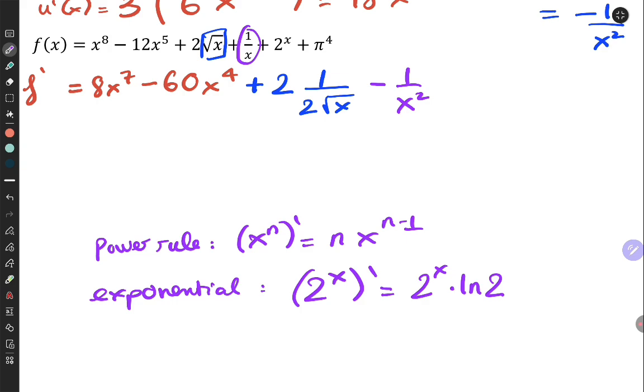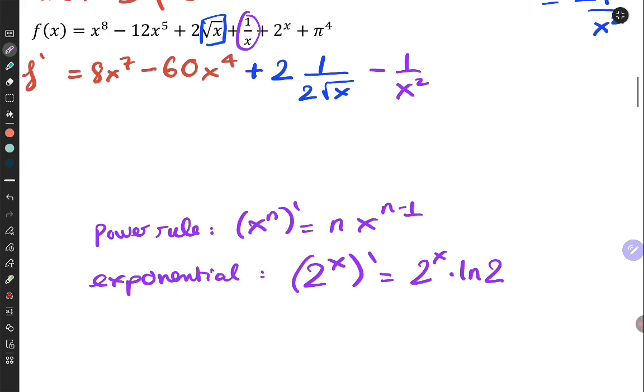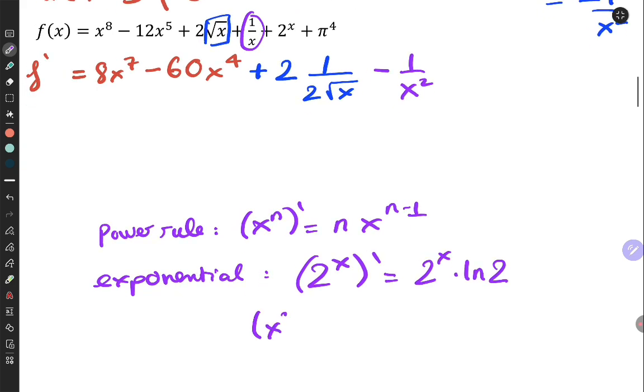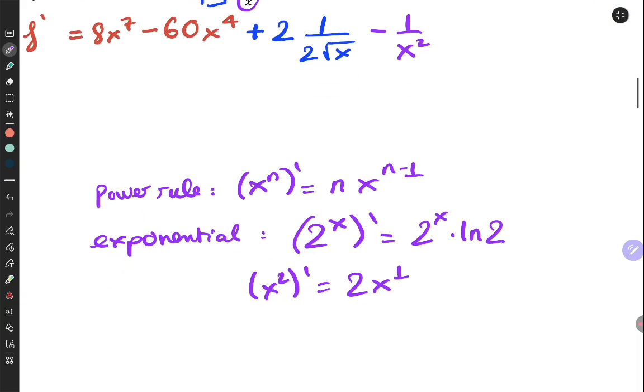The derivative of x squared, which is a parabola, is 2x to the power 1. I use the power rule for this. Normal. This one is exponential, 2 to the power x.